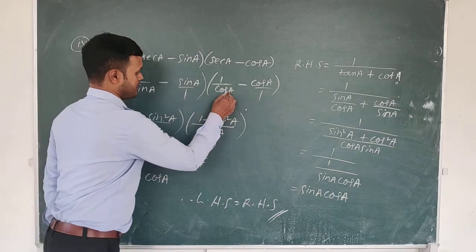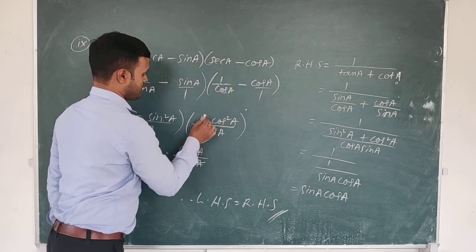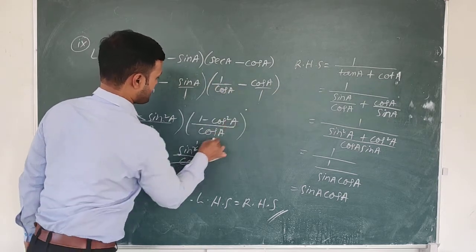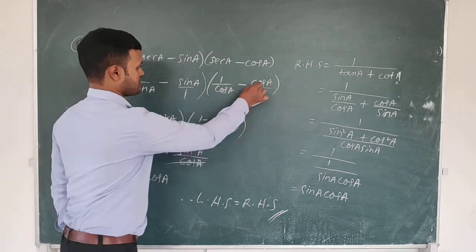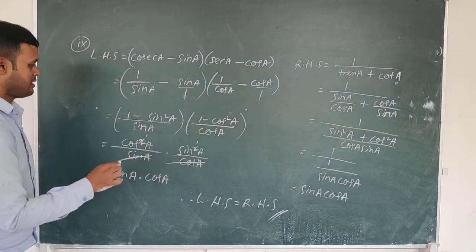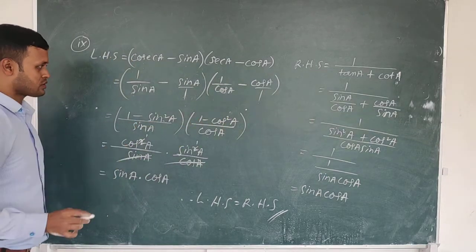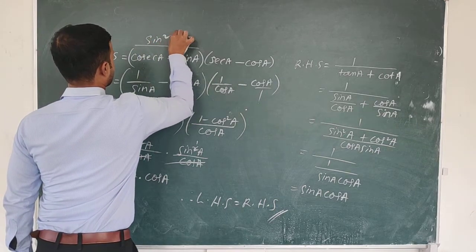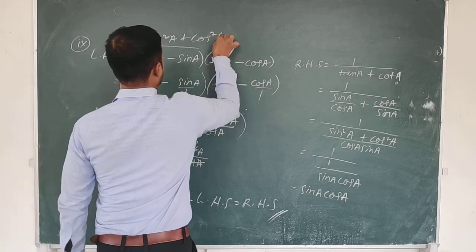Just like that, cos A into 1, the LCM is cos A. In a similar way, if you divide cos A by cos A, 1 times, and if you divide cos A by 1, cos A times, cos A into cos A is cos square A. So students, 1 minus sin square A, in place of it I can write cos square A, because sin square A plus cos square A is equal to 1.